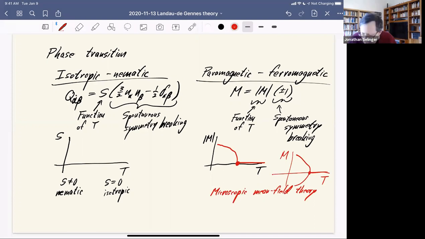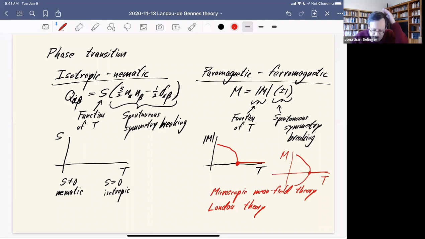And then we had a second approach, which was Landau theory. And in Landau theory, we pretend that we don't know that the world is made out of atoms and molecules and magnetic spins. We just think about the symmetry of order parameters. And we can say, what can the free energy be in terms of the magnetic order parameter? And based on that, surprisingly, we were able to figure out things about the phase transition.